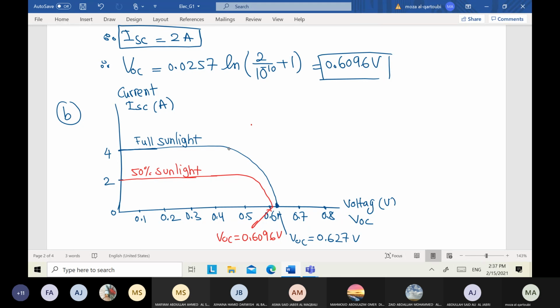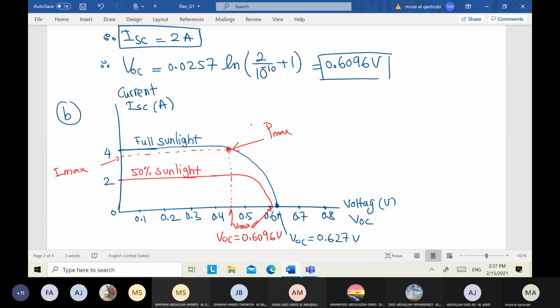This point, before dropping in value, this point for each curve, gives I maximum with V maximum. So this is V maximum for the first curve. This point will give the power maximum, with respect to I maximum. Always I maximum is less than the short circuit current.